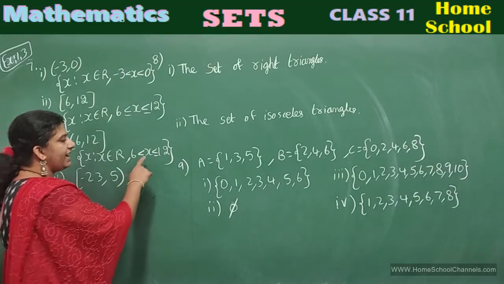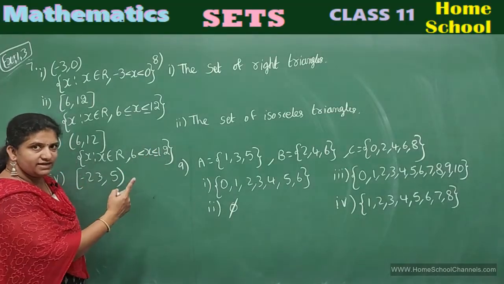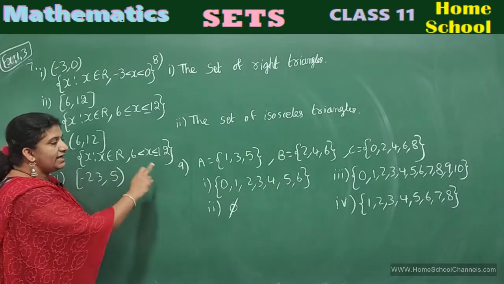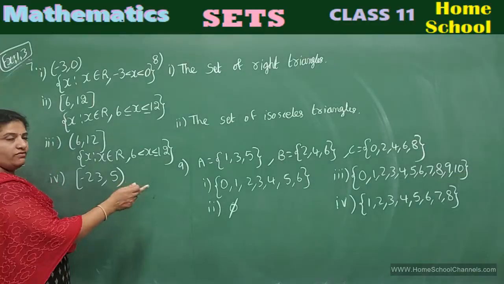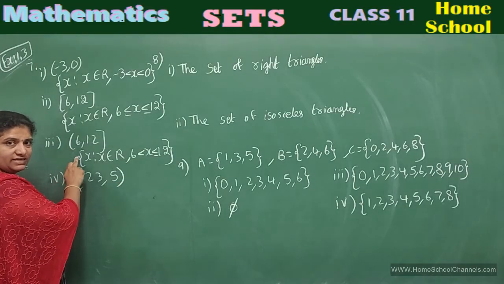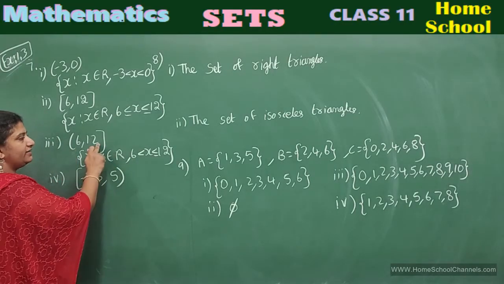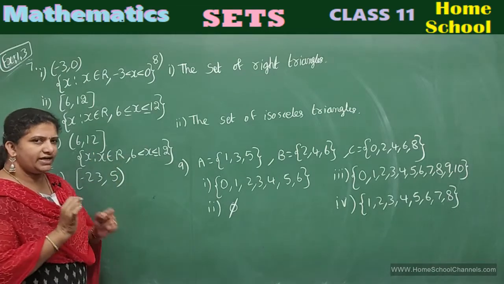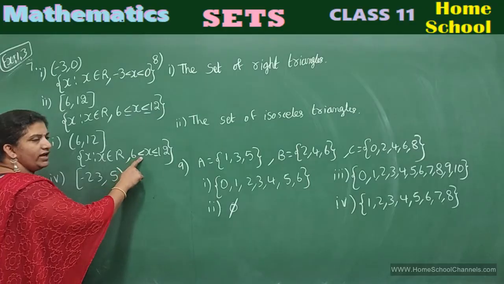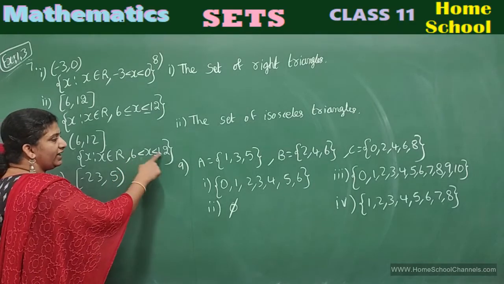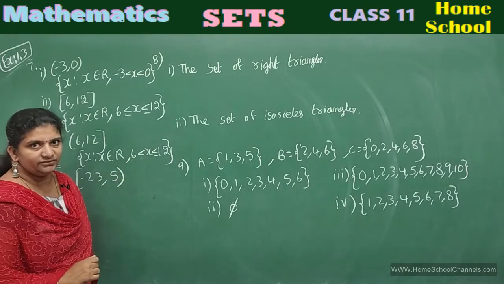Now read this. X is greater than 6. 6 won't be there. Less than or equal to 12. 12 is included. Where if you have this bracket, this is excluded and this is included. Very easy to remember. Suppose you have an open bracket, only less than you write. Closed bracket, less than or equal to you can write.